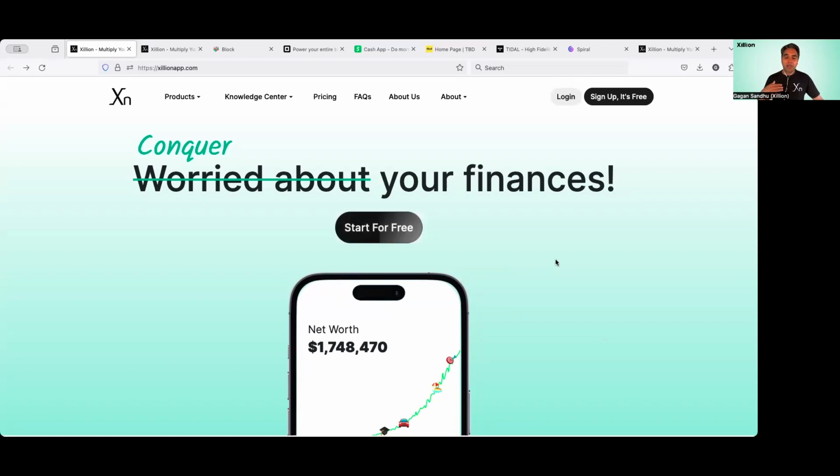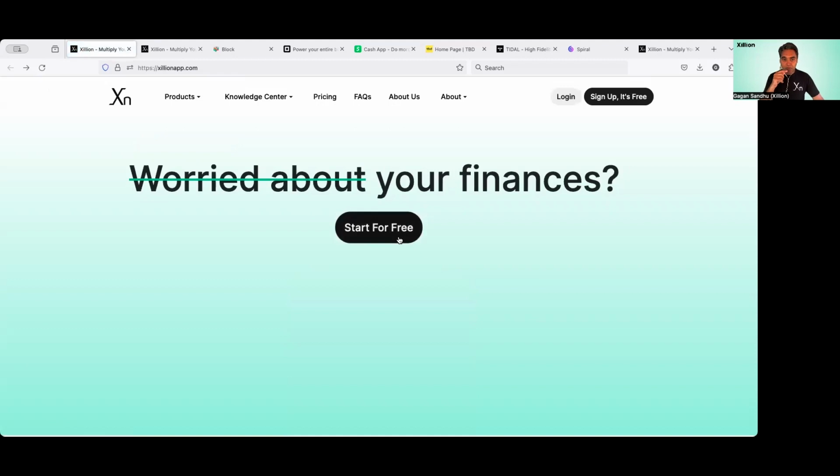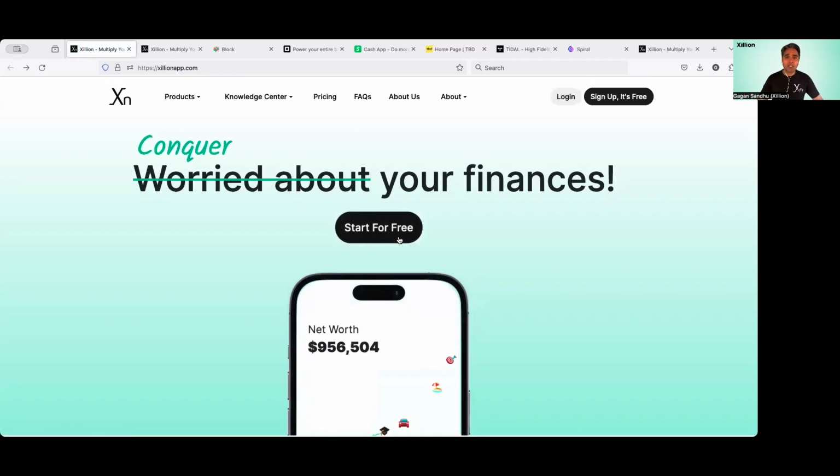So today we will follow one particular set of charts and graphs and data, which is available within Xillion. This is the Xillion homepage, and you can create your account, get 1 month free to get all this information, and then log in and see for yourself.